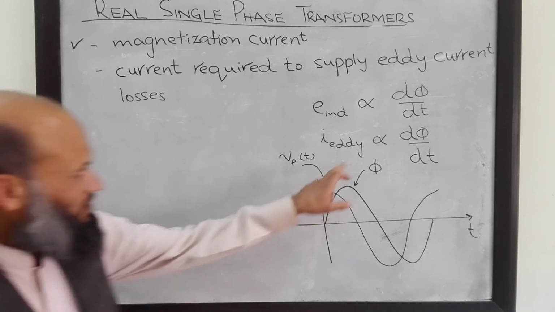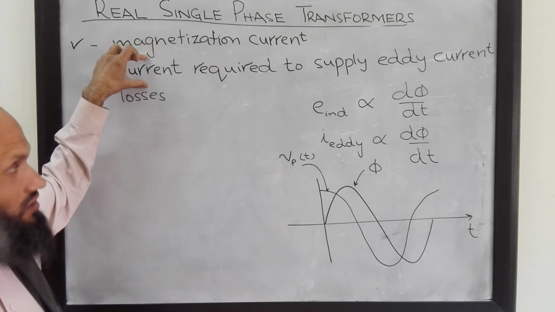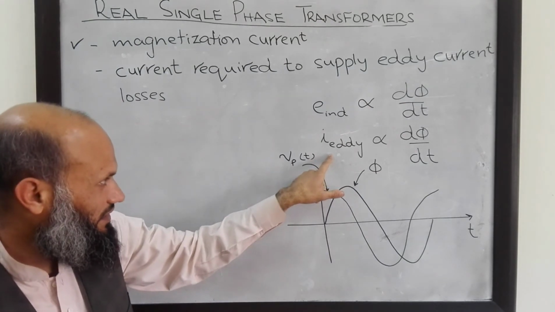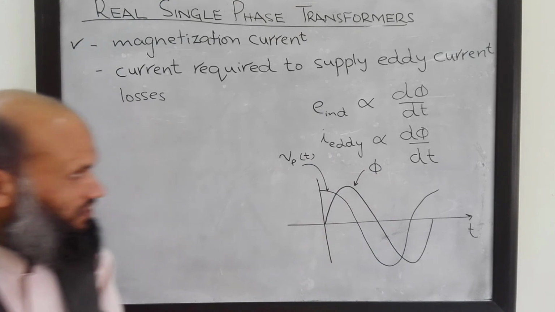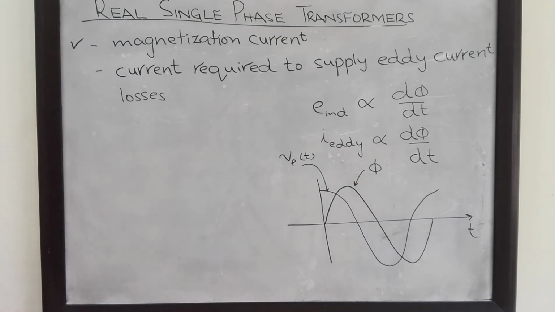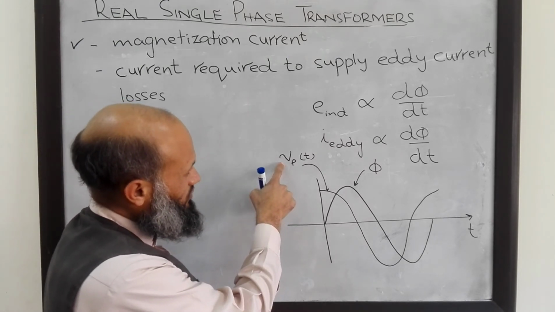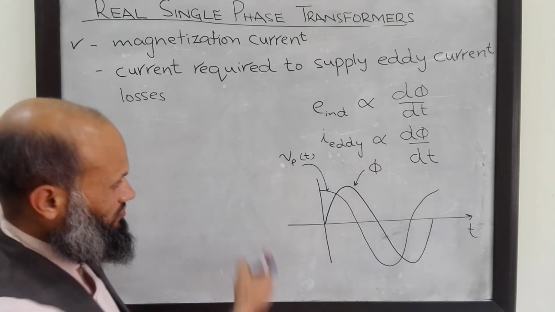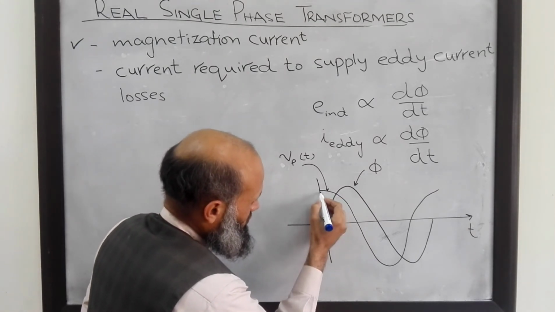The current flowing in the primary winding to supply the eddy current losses, I call it IE, is also proportional to d phi by dt, and therefore this current is in phase with the primary voltage, because Vp is also proportional to d phi by dt. So the eddy current is in phase with the primary voltage.